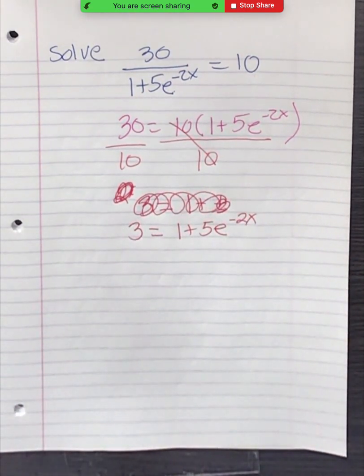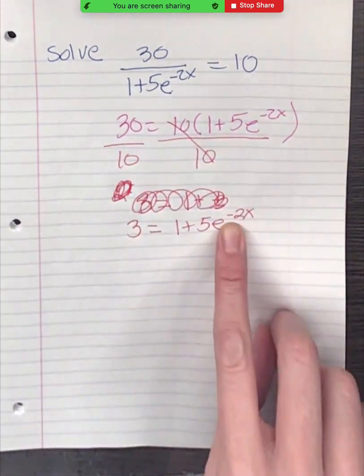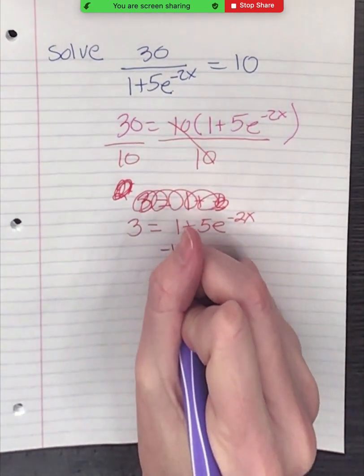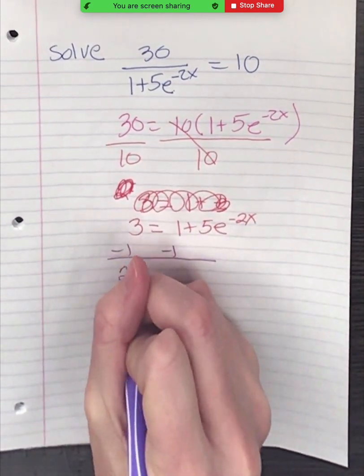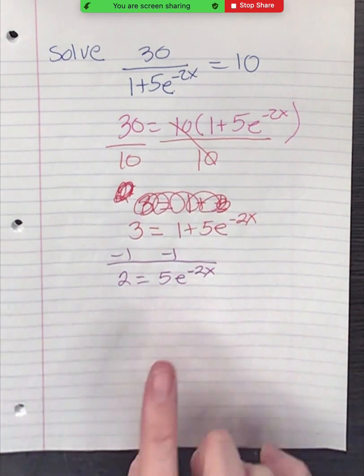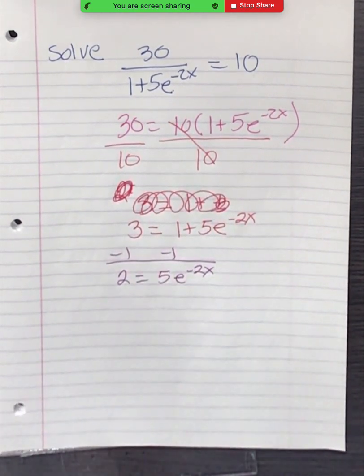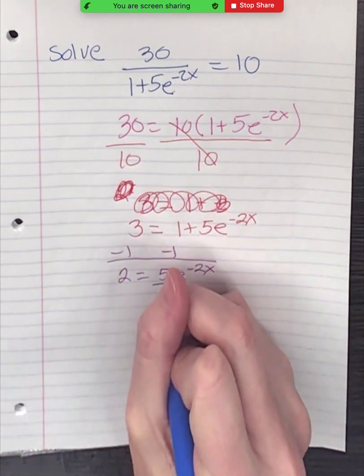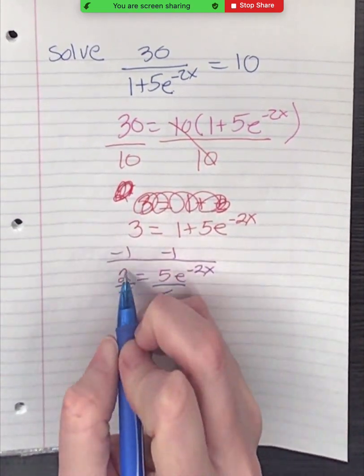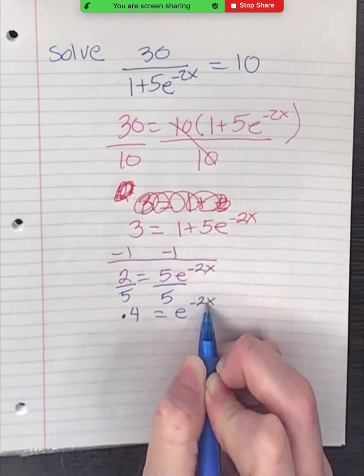Then start isolating the x. I'm going to subtract 1 from both sides. So 2 equals 5e to the negative 2x. I can't take the log yet because I have this number in front, so I'm going to divide by 5. 2 divided by 5 is 0.4, so 0.4 equals e to the negative 2x.